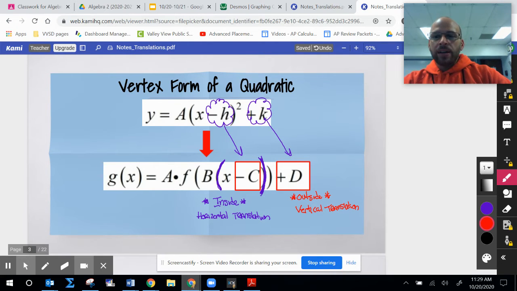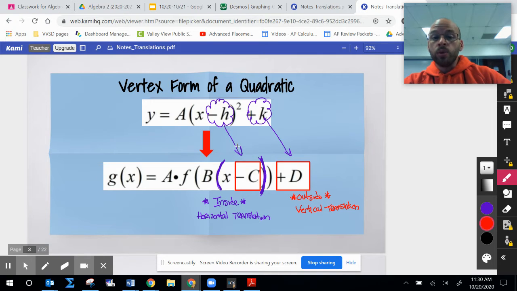If you ever add or subtract a value to the inside of your function, that is going to shift your graph to the left or to the right. If you ever add or subtract to the outside of your function, that's going to move your graph up or down. So where you add a value to your function is going to definitely have an effect on how your graph moves.